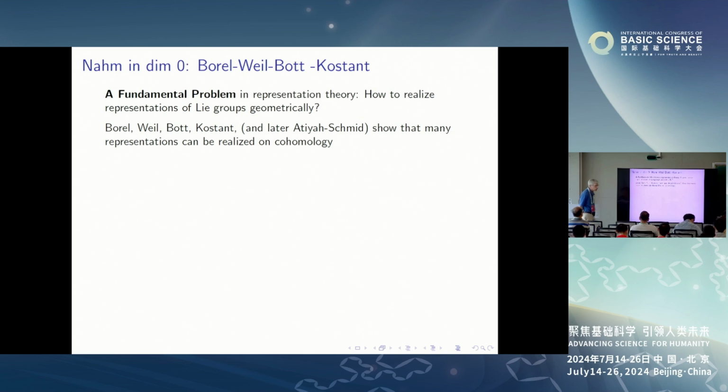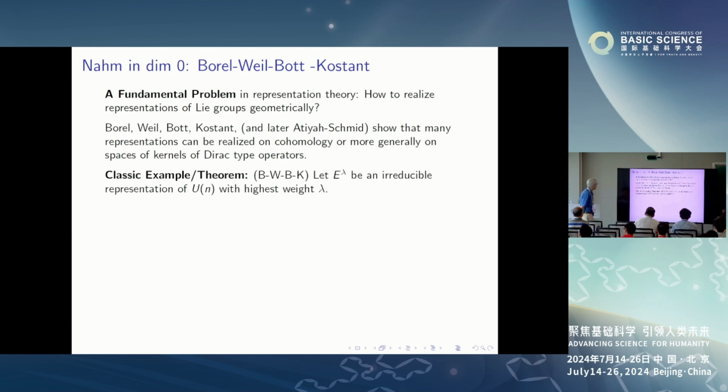And then using the Hodge isomorphism, you could go from cohomology, realizing representations in cohomology, to realizing them in the kernel of a Laplace type operator, or perhaps more generally a Dirac type operator. And so that's what Borel-Bott, Kostant, and Atiyah-Schmid have done. And so let me give you a very classic example of this. And I'm not sure where Borel-Bott ended off and Kostant picked up, so I'll just attribute to all.